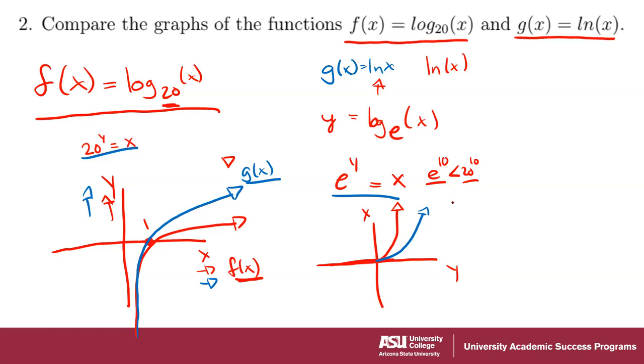So when we flip it, the one that's increasing faster as an exponent is increasing slower as a logarithm. And the one with the smaller base that's increasing slower over here is increasing faster over here, if that makes sense.